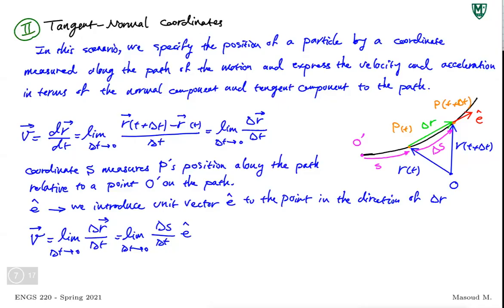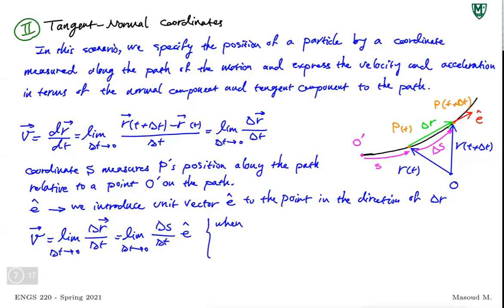The smaller dt becomes, the closer delta S becomes to delta R. At the limit, delta R and delta S have almost the same size. I only use E to represent the directionality because R is a vector, so S should have the same sense.